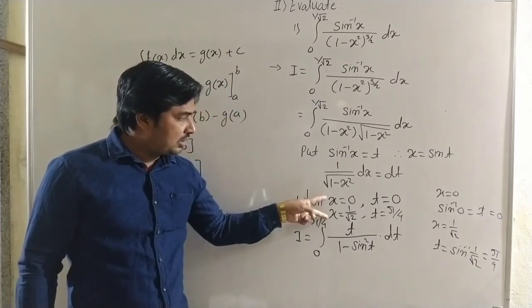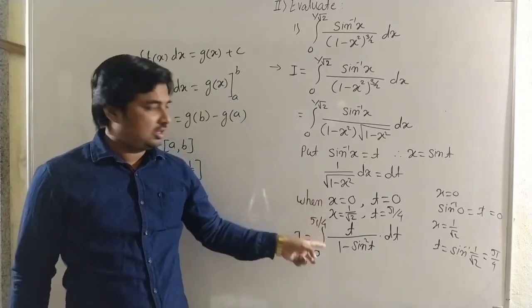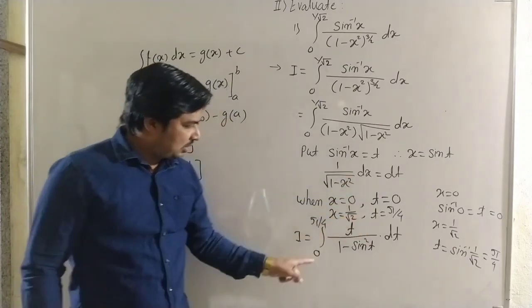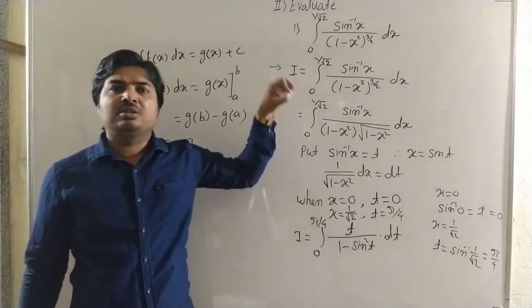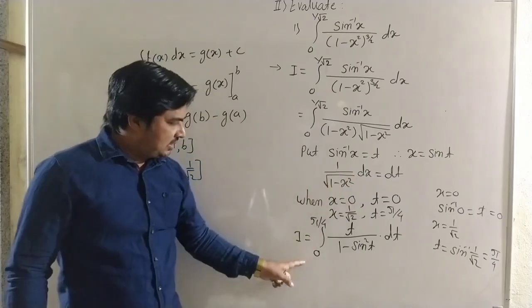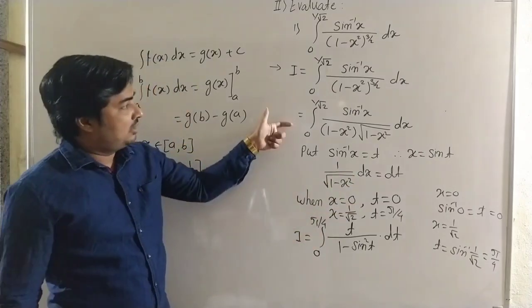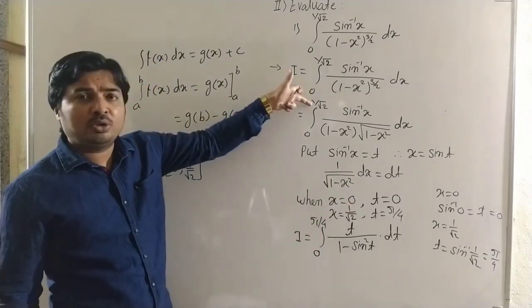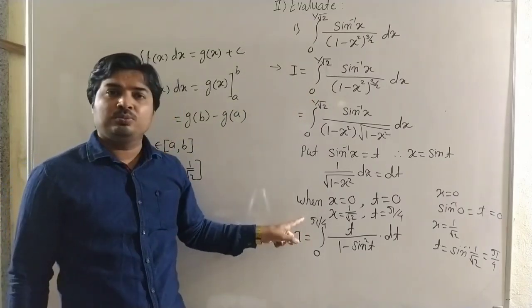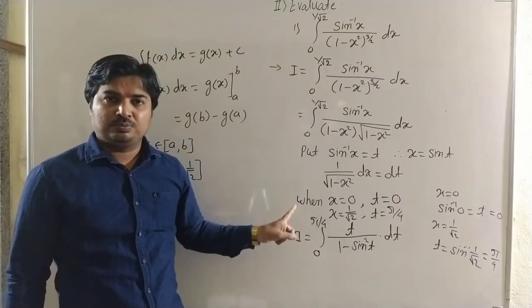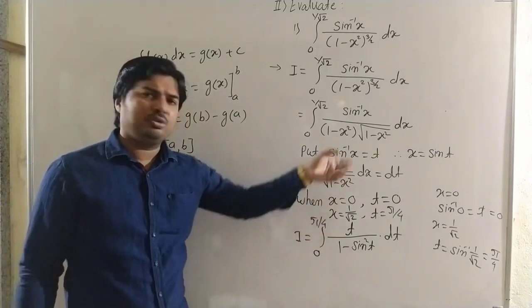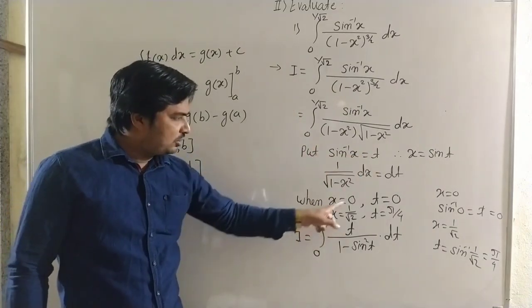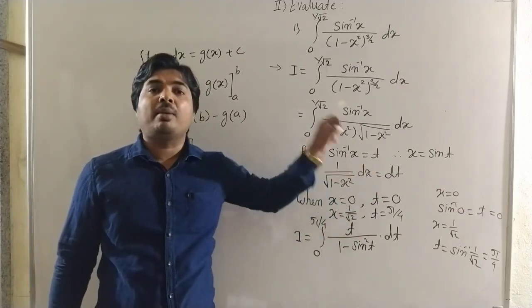We know the values of x, and by using the values of x we find the values of t and put them. Remember this one step, it is very important: changes of the limit. In the example, 0 to 1 by root 2 is given, and here it is replaced by 0 to pi by 4. When x is equal to 0, t is also 0, but when x is equal to 1 by root 2, t is equal to pi by 4.